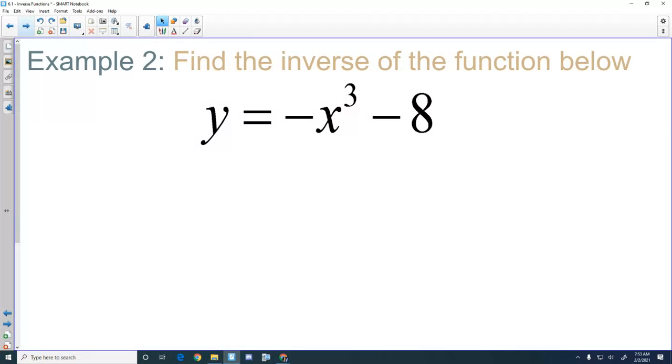I know you're like, wait a minute, Wojcik, that looks way too easy, right? Just be careful with the order that you cancel things out. So y equals negative x cubed minus 8. To make this a little easier for you, I would suggest writing it as y equals negative 1 x cubed minus 8.